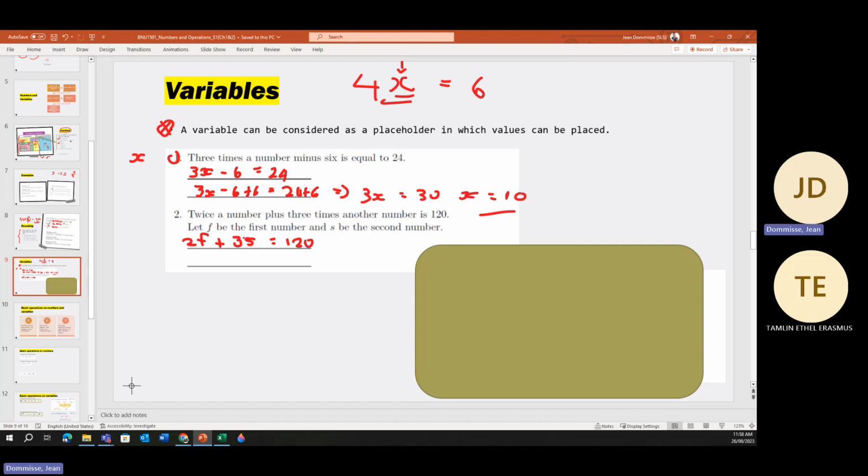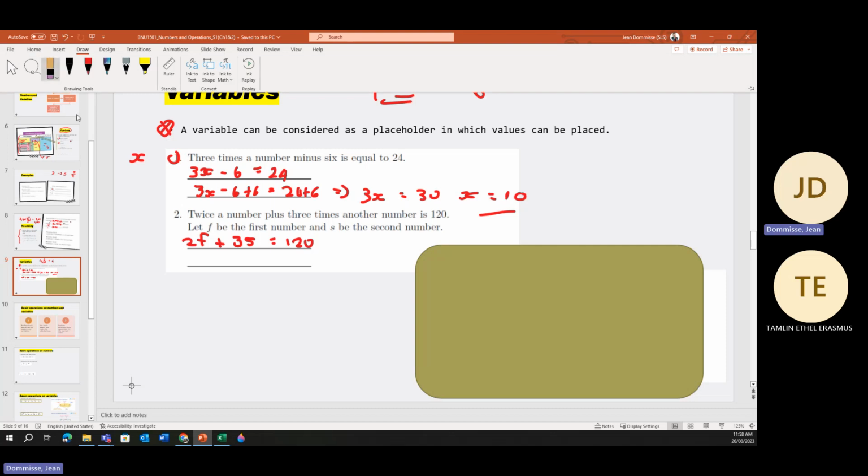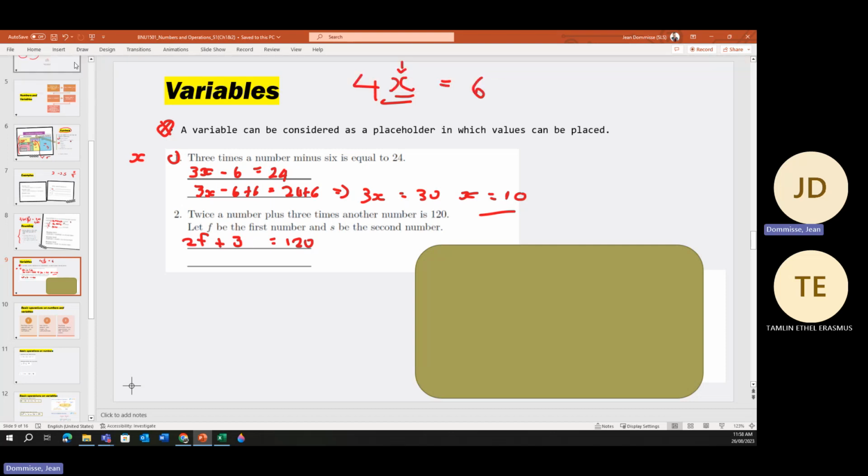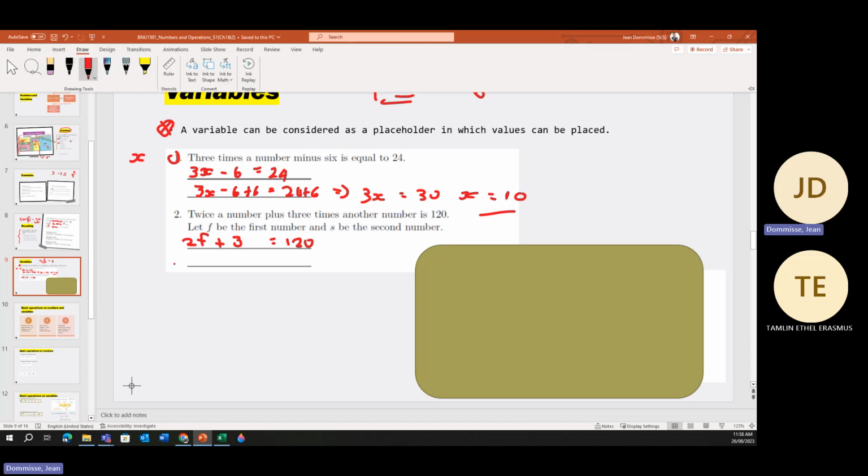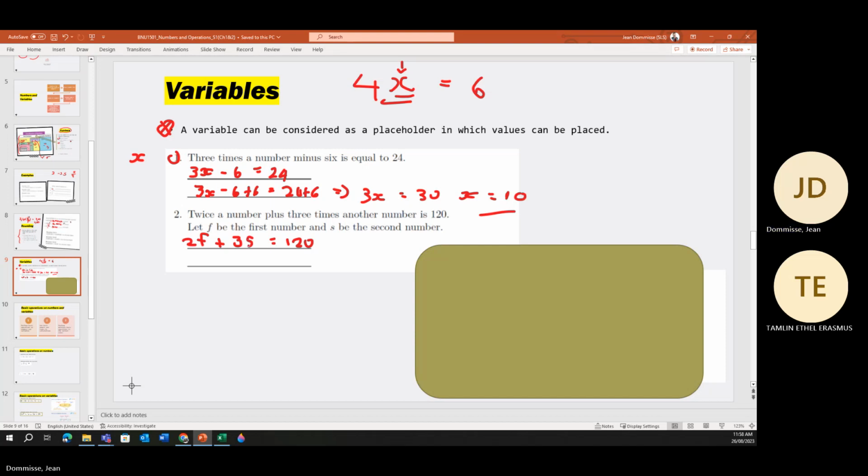Now, again, it's not like the first one where we could have worked out what x was, because we don't know what f or s is. So there's no way we can work it out without more information.